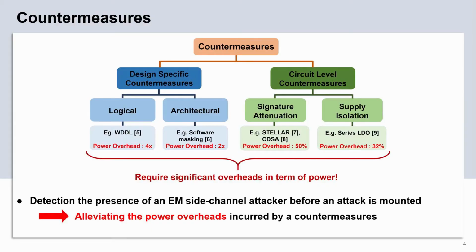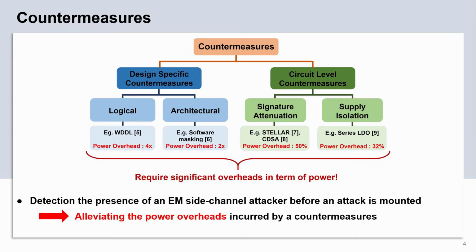In order to protect against EM side channel analysis attacks, various countermeasures have been proposed such as logical, architectural, design specific, and circuit level. However, these countermeasures require significant overhead in terms of power and area.